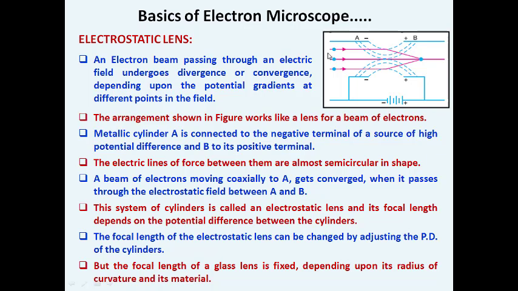You know electrons have negative charge, so when passing through the metallic cylinder connected to a high negative potential, you create a curvilinear or semi-circular shape of electrostatic force. So we can see that the electrons start bending because of the force of repulsion, given by the electrostatic potential difference between point A and B.